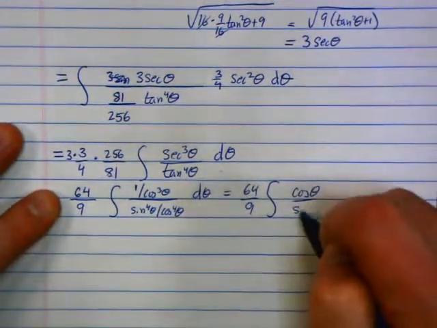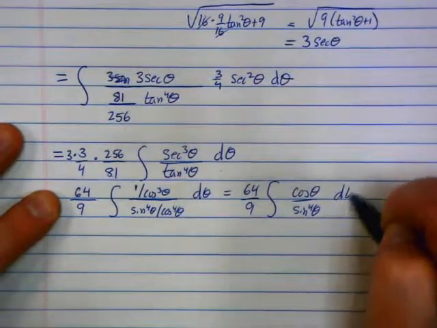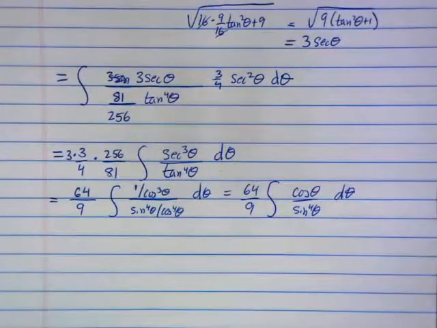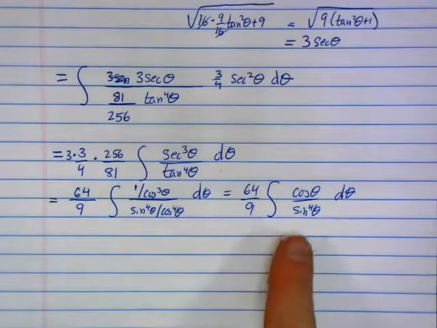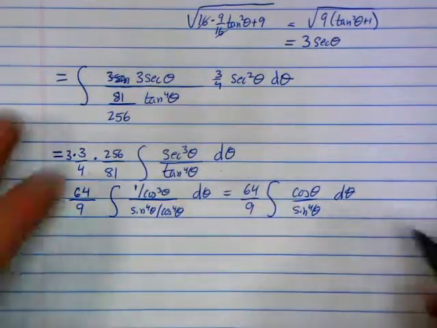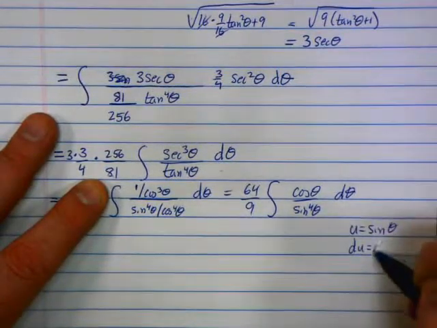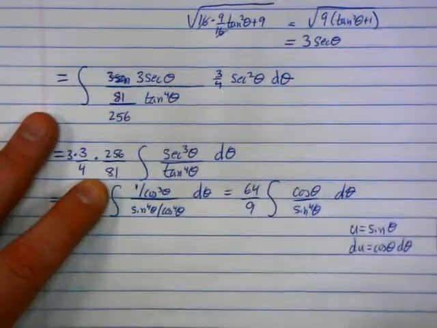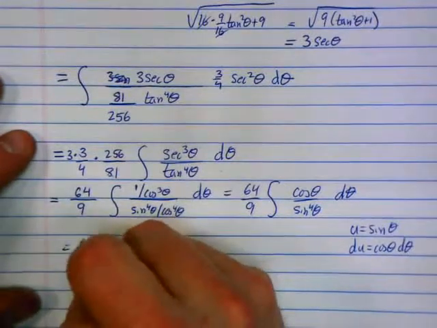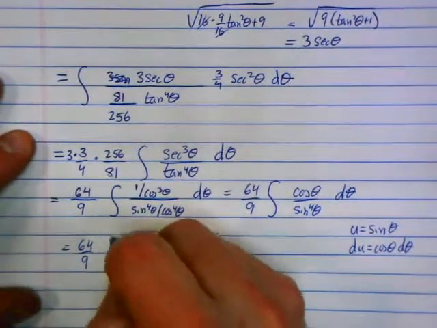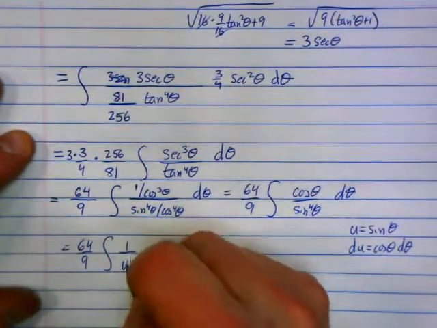Cosine over sine to the 4th. Can we integrate that? U equals sine, because the derivative of sine will give us cosine. U equals sine theta. Du is cosine theta d theta. Works out perfectly. So this becomes 64 over 9, the integral of 1 over u to the 4 du.